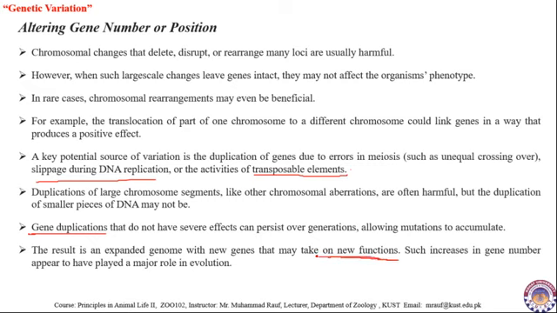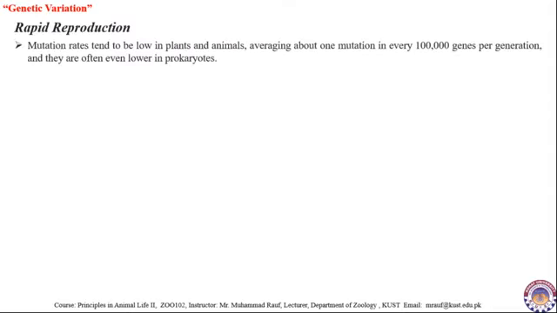I have already discussed here that when a gene is duplicated, the original sequence performs its function, and the new duplicated version adapts into performing some other form of function. Mutation rate tends to be low in plants and animals, averaging about 1 mutation in every 1 lakh genes per generation.